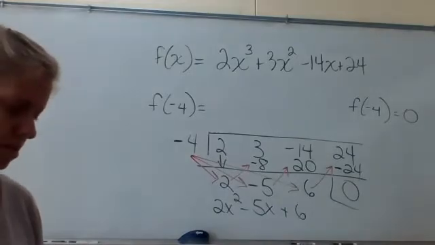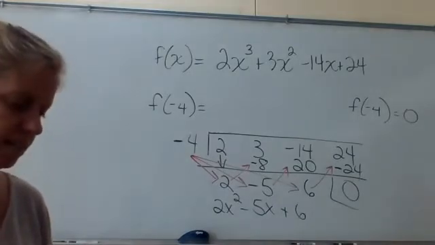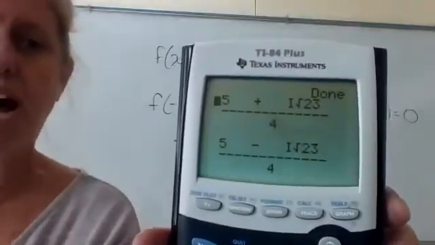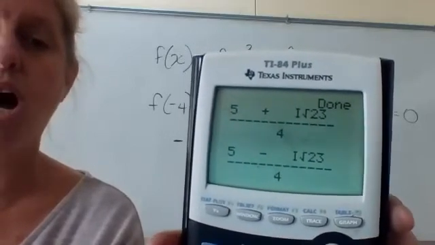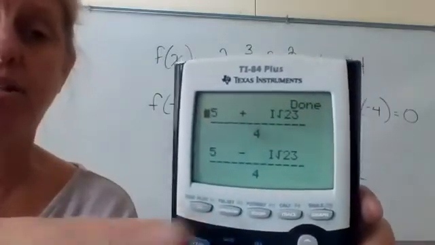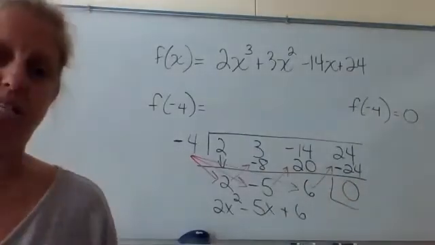A is 2. B is -5, C is 6. But look what it gives me. 5 plus and minus i square root of 23 over 4. This comes up with an i inside my other two solutions. So that's telling me something.